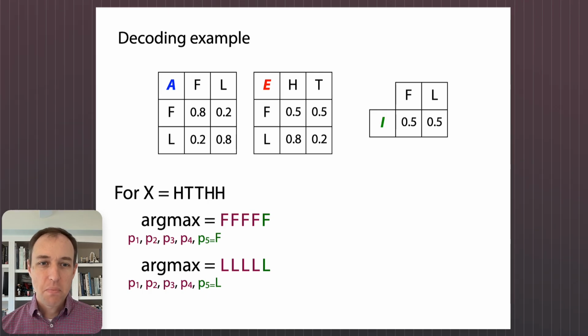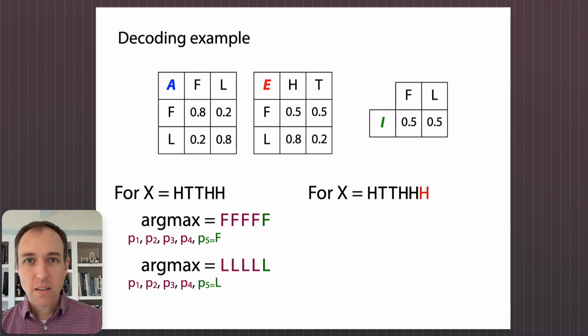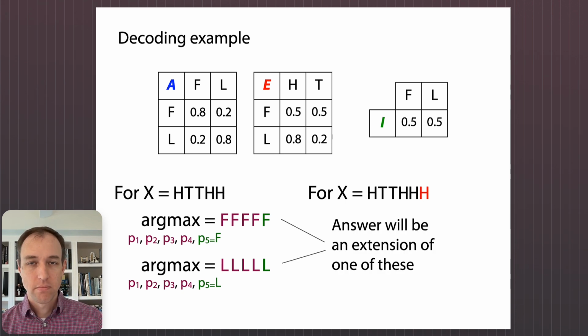And the point that I want to make here is if we now ask about an emission string that's one flip longer, we are extending one of these two. So whatever our answer is for the length 6 emission string, it has to be an extension of one of the length 5 paths, as long as we've computed a separate one for each possible ending state.